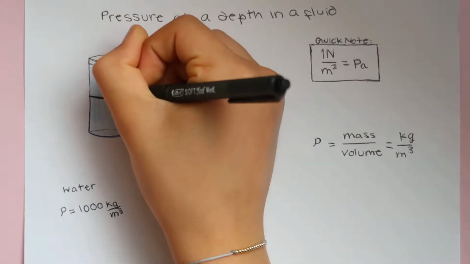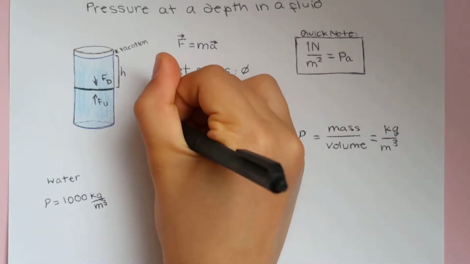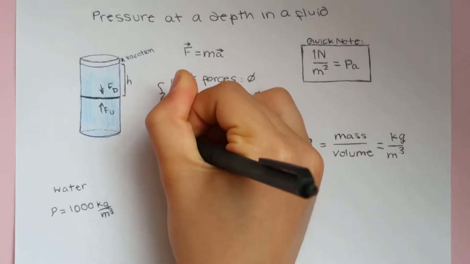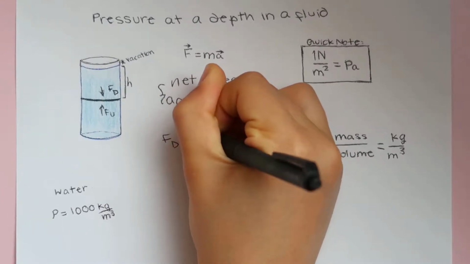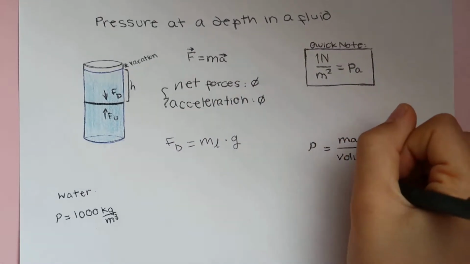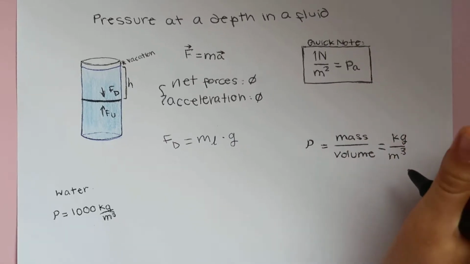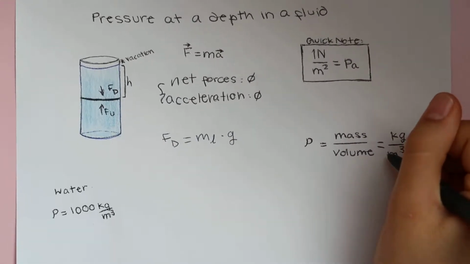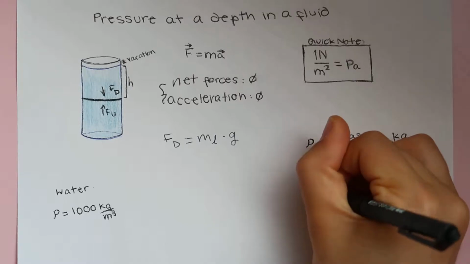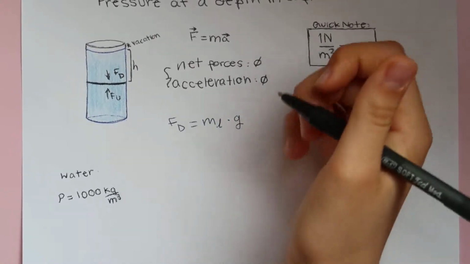In this situation, the force down is equal to the force up, and the force down is equal to the mass of the liquid times gravity. So we know that density is equal to mass over volume, which is measured in kilograms per meter cubed, and this can also be translated to mass equals density times volume.